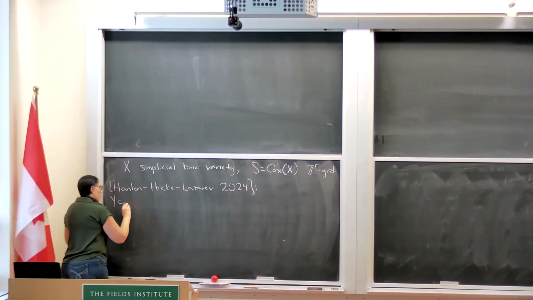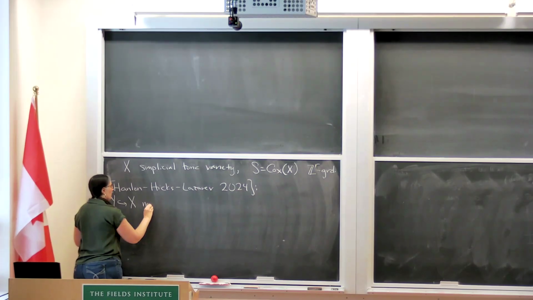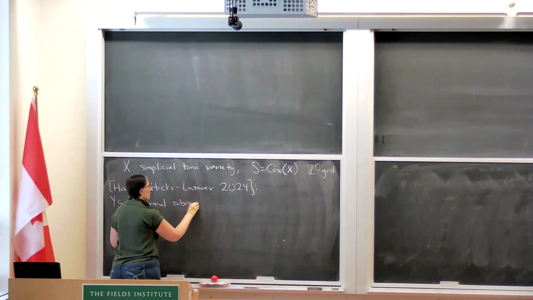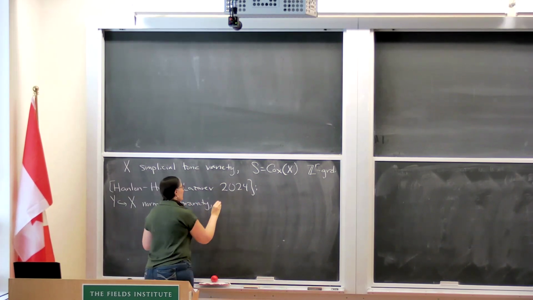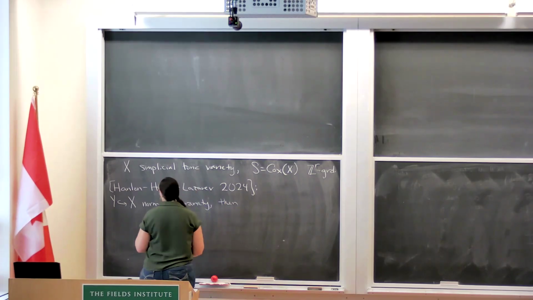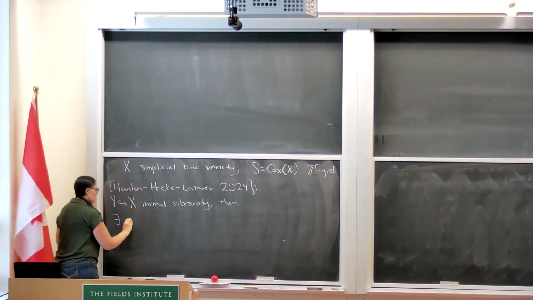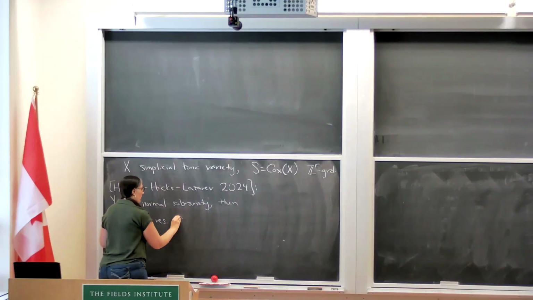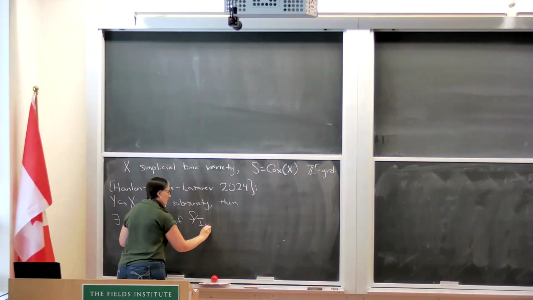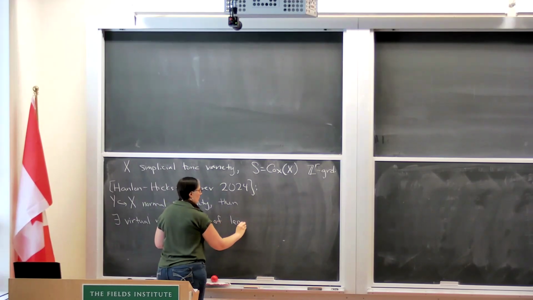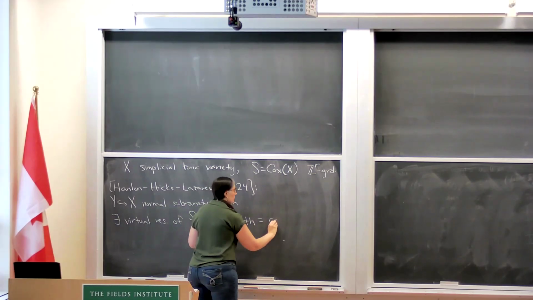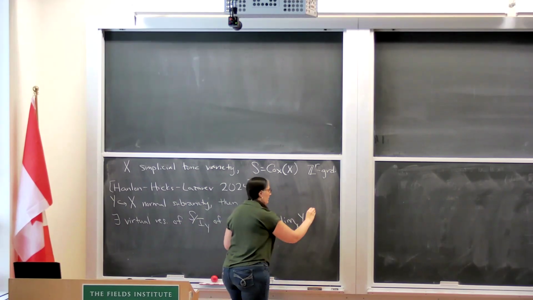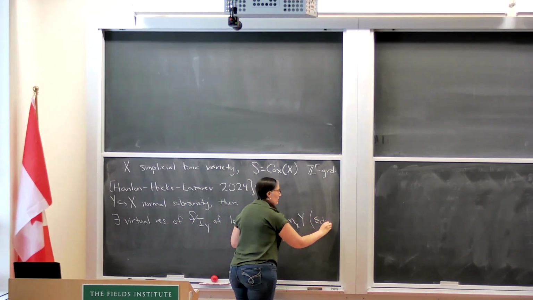If I have Y inside of X, a normal subvariety, so closed, then there exists one of these virtual resolutions of S mod I_Y of length equal to the codimension in X of Y. In particular, that's less than or equal to the dimension of X.